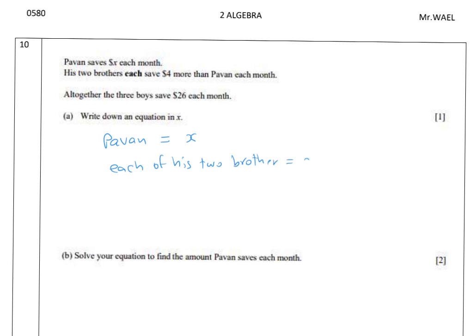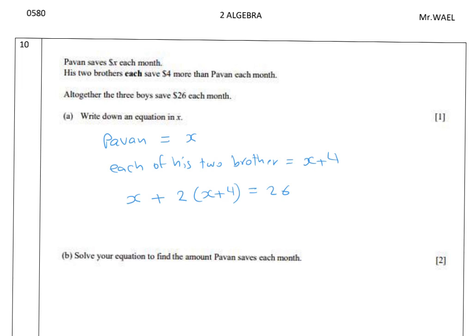They save X plus 4. Am I right? Yes, sir. Altogether the 3 save 26. So X plus, because we have two brothers, 2 times X plus 4, equal 26. This is the equation.